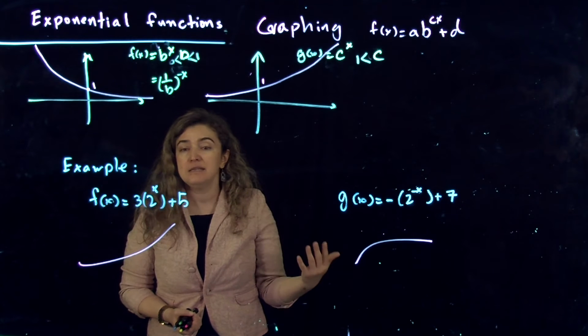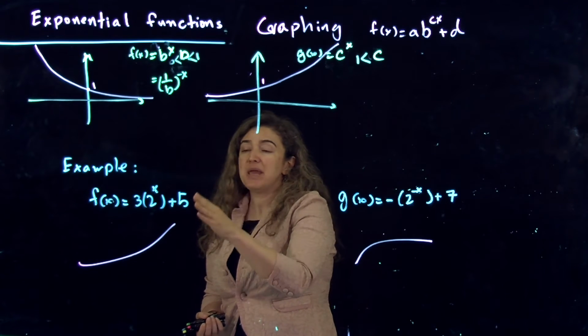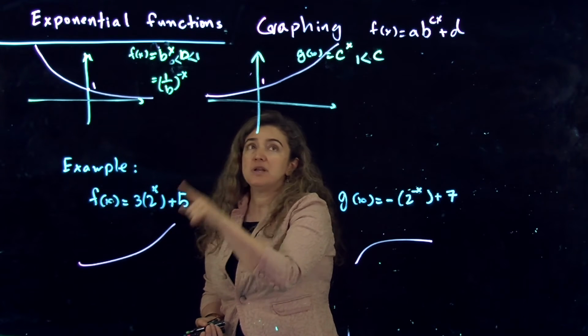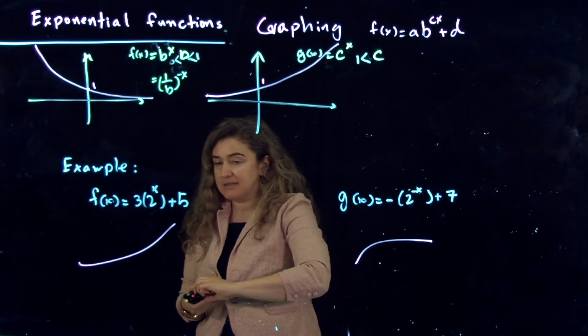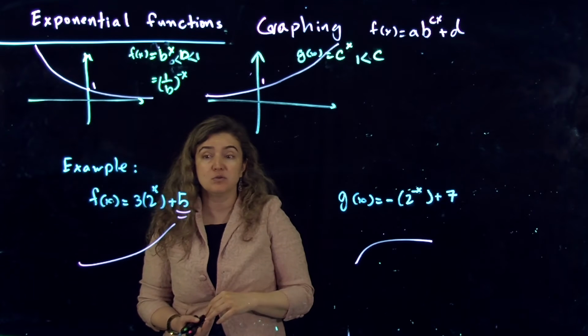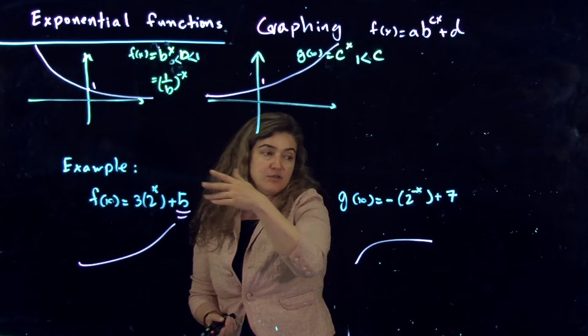Then the other part of the discussion is the behavior as x approaches infinities. This one is going to follow this behavior, except that the horizontal asymptote y equals 0 is going to be moved up 5 units.